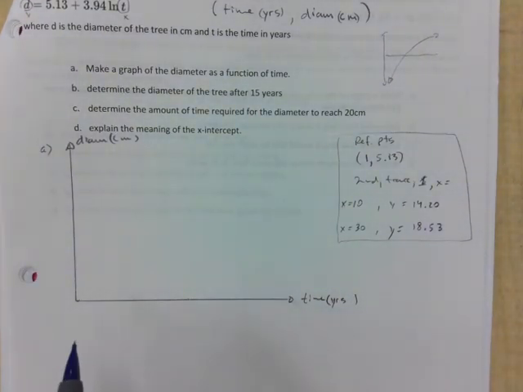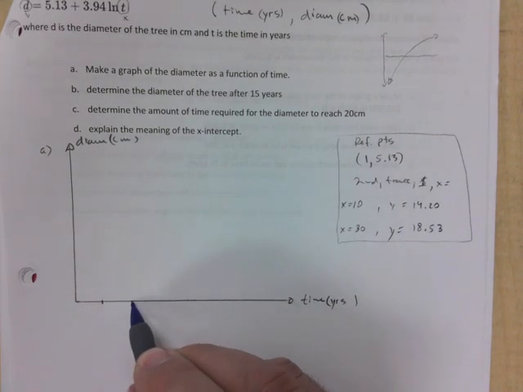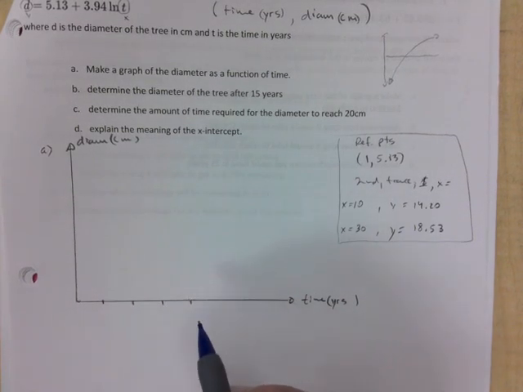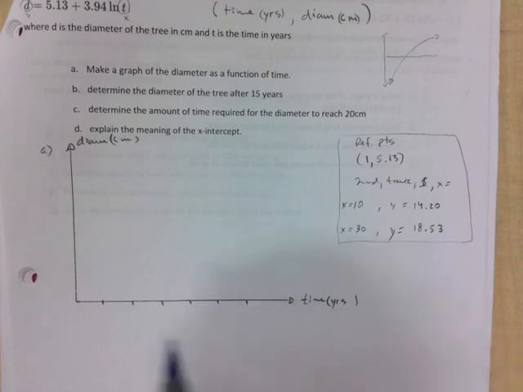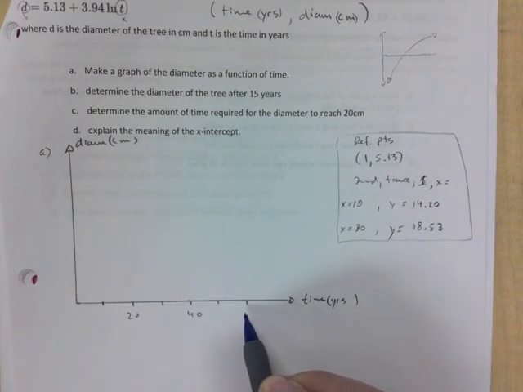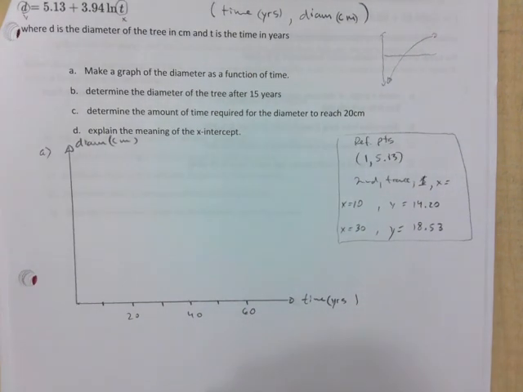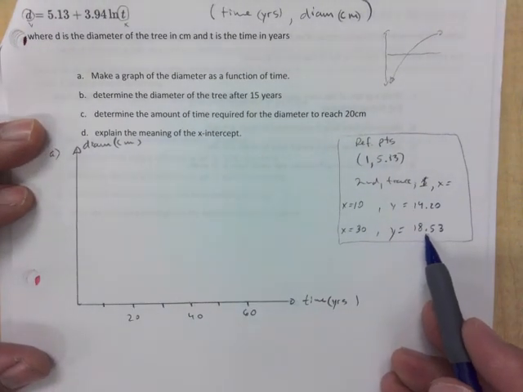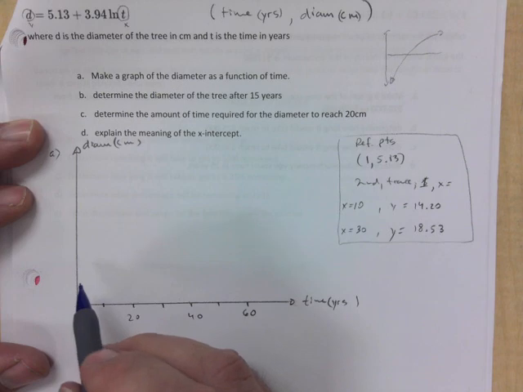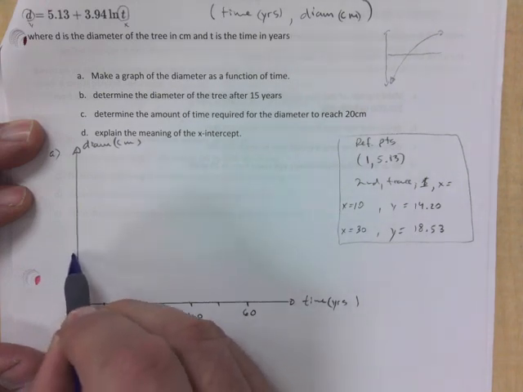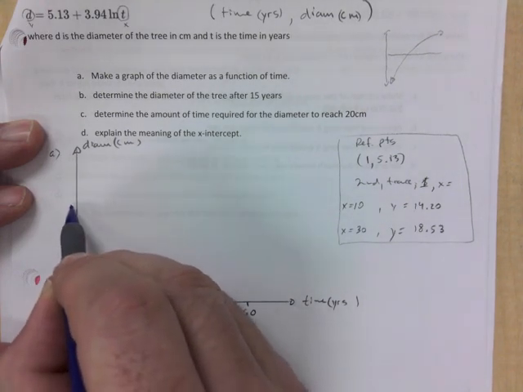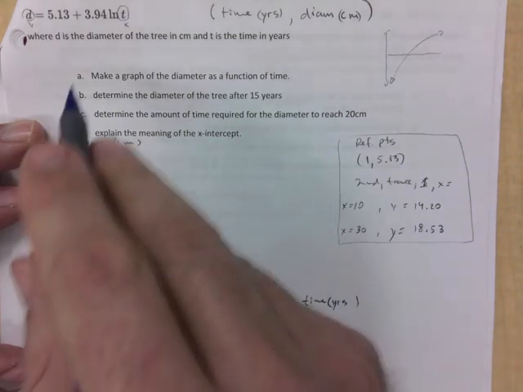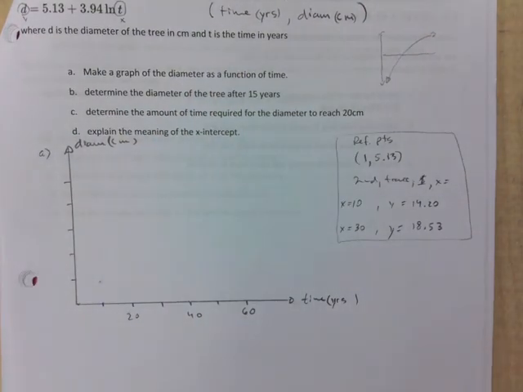So I'm going to go to 50, maybe 10, 20, 30, 40, 50, 60. That's pretty good. And then here I know it goes to 18 here, but I will probably go higher. So 10, 20, 30, 40, 50, because we're not told at all some kind of domain and range or some kind of just graph to here.